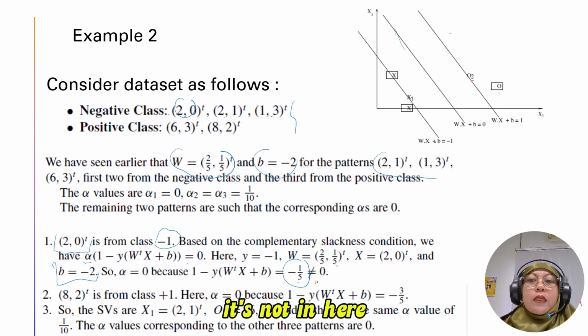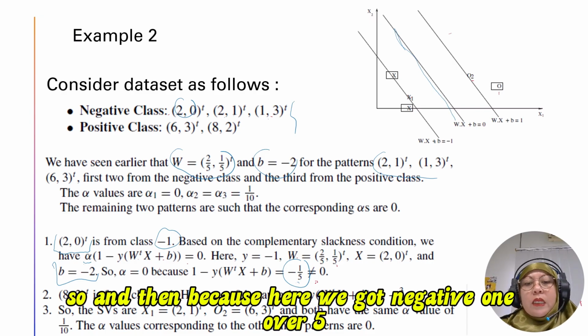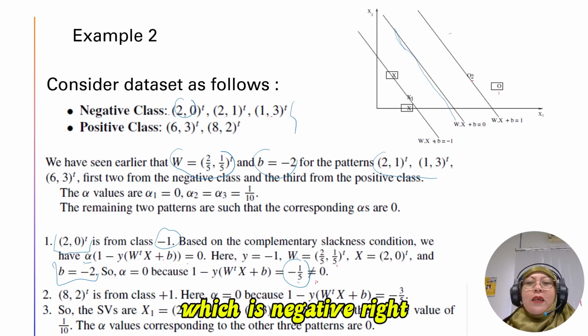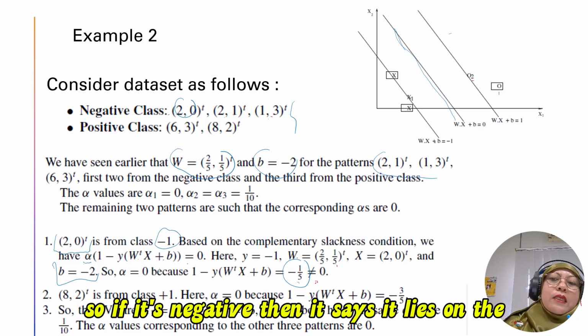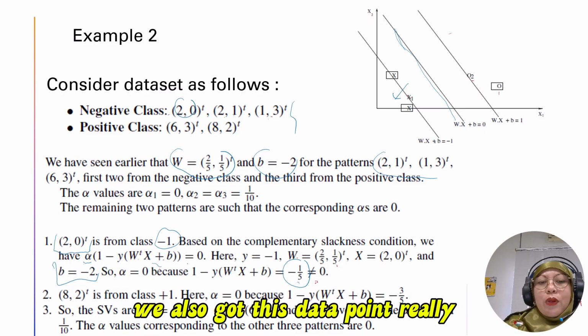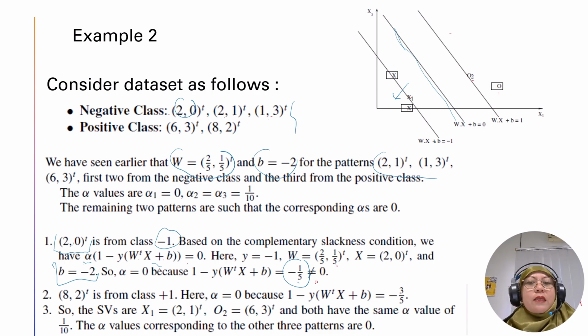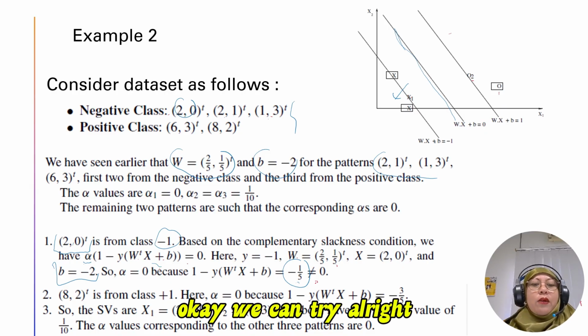And because we got -1/5, which is negative, it lies on the left side. So by using the model, this data point really lies in the negative class.